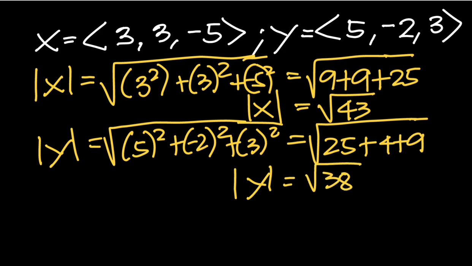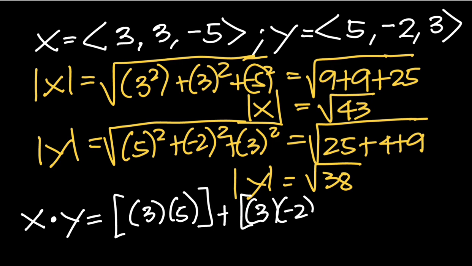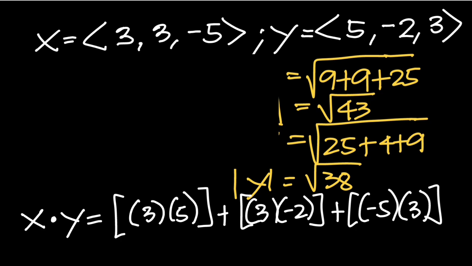And the next thing we do is we get the dot product of the two vectors x and y. So we just multiply the components. So this is just 3 times 5 plus 3 times negative 2 plus negative 5 times 3. So let me just write here the length of vector x, which is square root of 43, so we won't forget it.